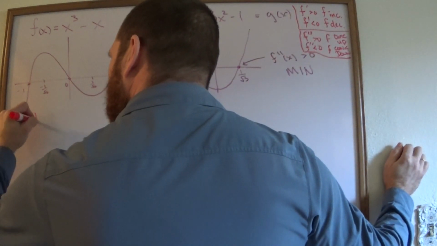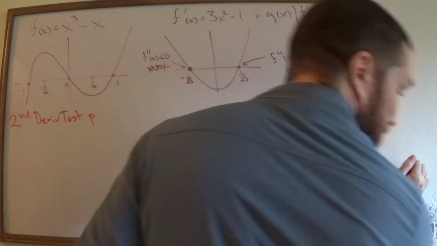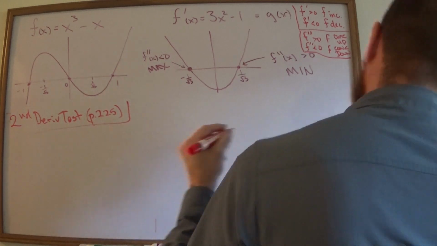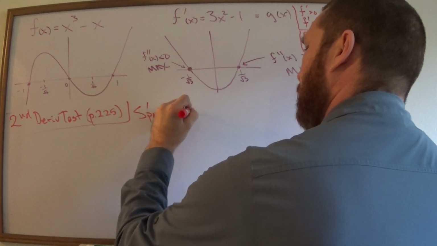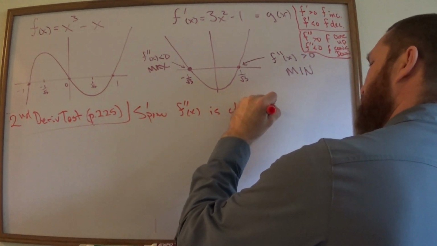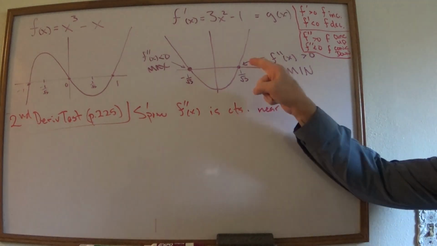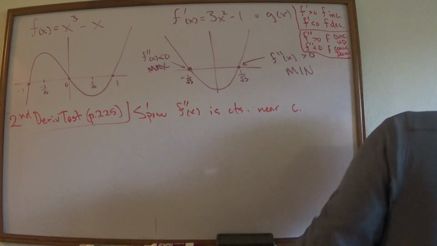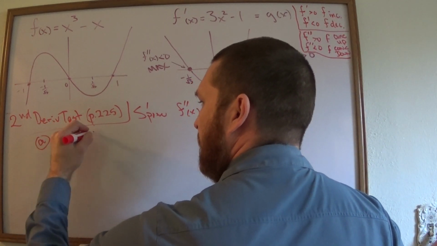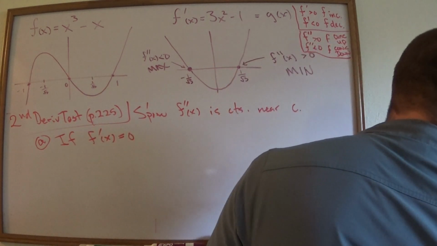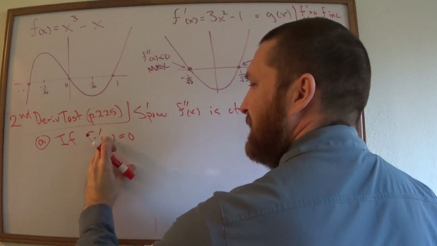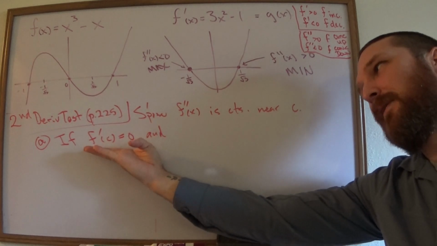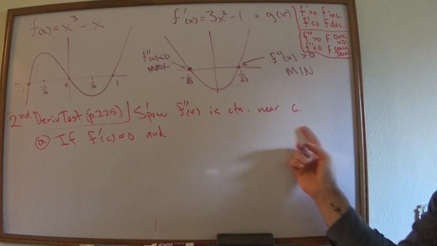The second derivative test, and this is on page 225, says, suppose that f double prime of x is continuous near C. If f prime of C is equal to 0, that makes C a critical number, so we didn't have to state that.